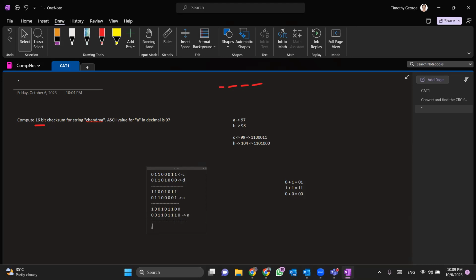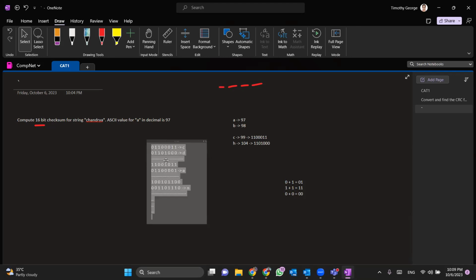I'm going to skip a few steps here because I want to finish this before I leave. After all your addition, at least according to my calculation, it should be 1101011010. That should be the checksum.